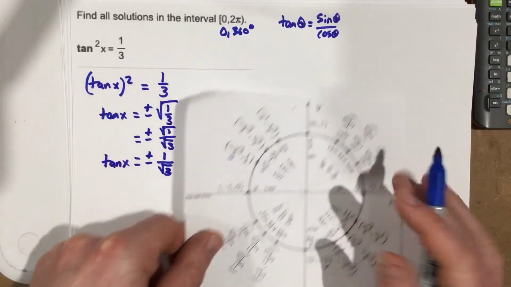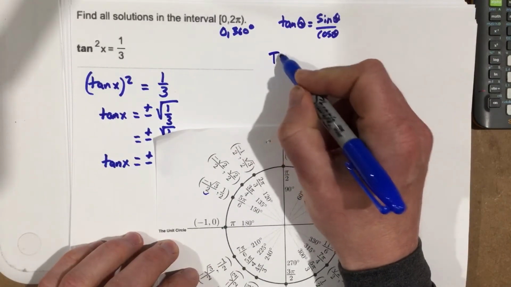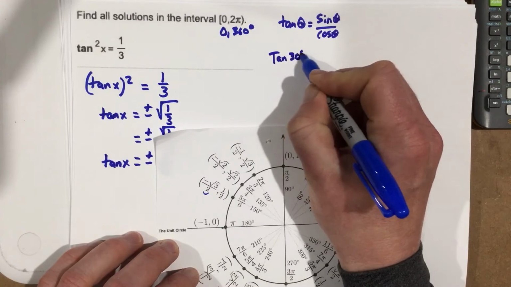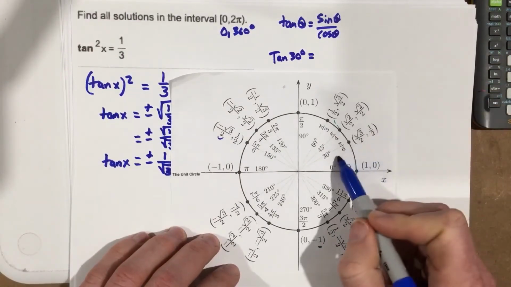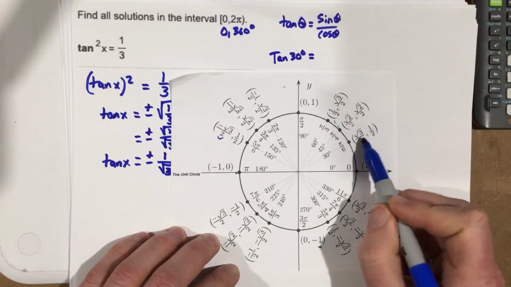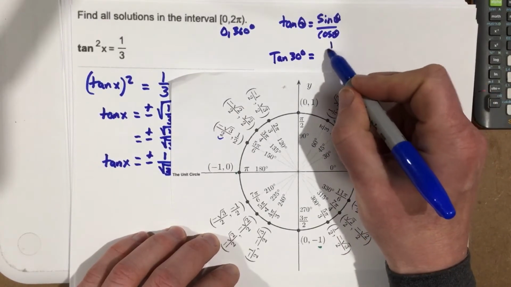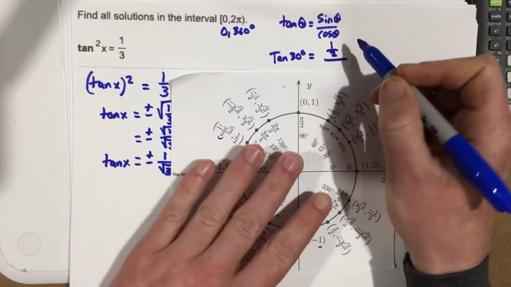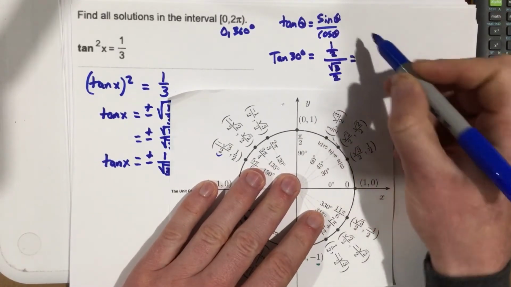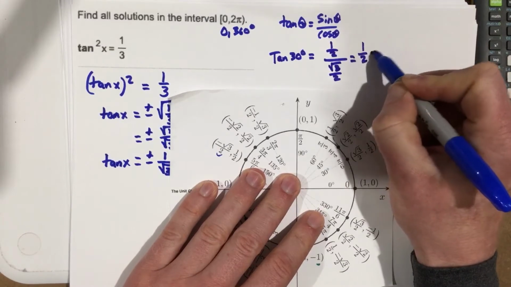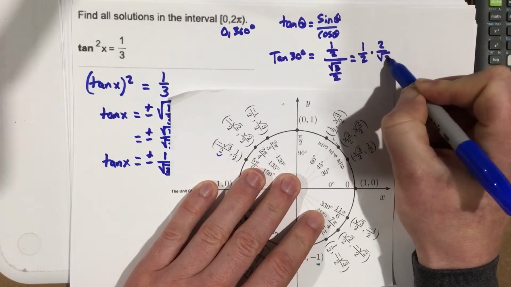All right? So if we look at tangent 30 degrees, that's going to be sine over cosine. So we're going to have 1/2 over root 3 over 2, which is equal to 1/2 times 2 over root 3.